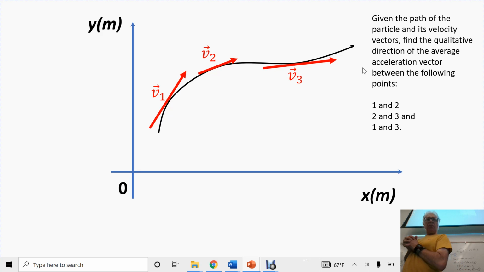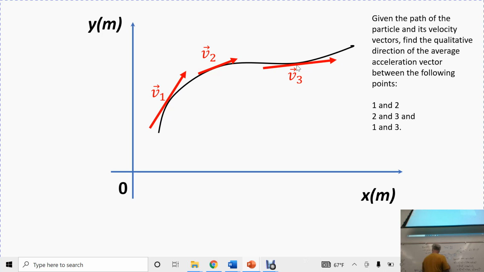In the next step, I want you to find out what would be the qualitative direction of the average acceleration vector between points 1 and 2, 2 and 3, and 1 and 3. Try to figure that out. You already know the definition of acceleration in one-dimensional motion, so you should also know the definition of acceleration in two-dimensional space.